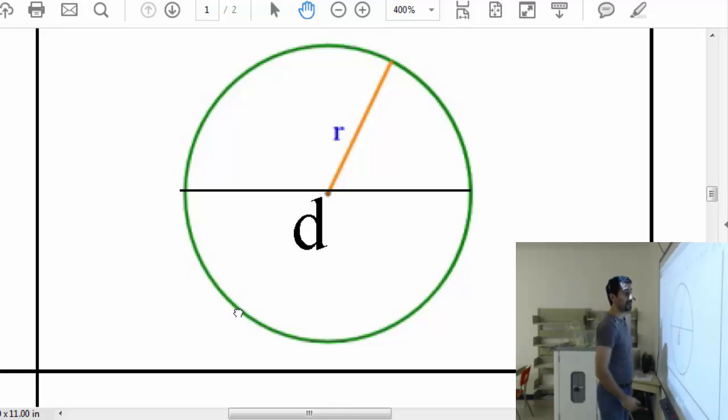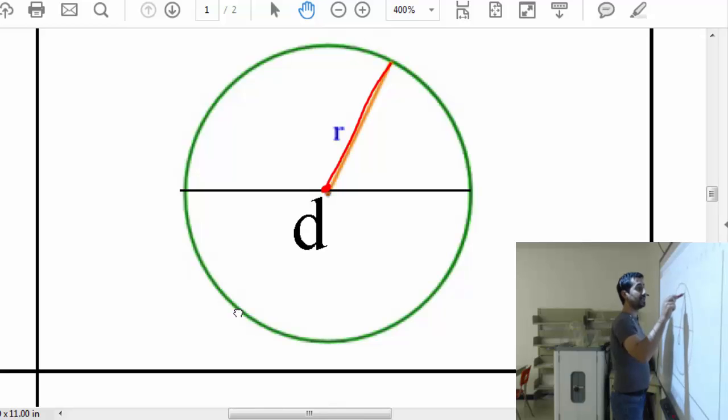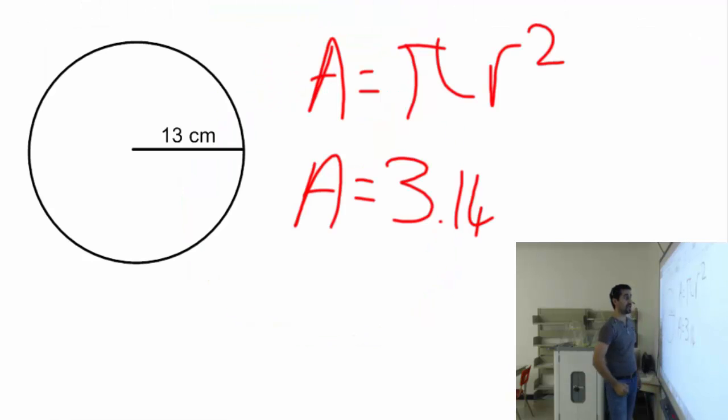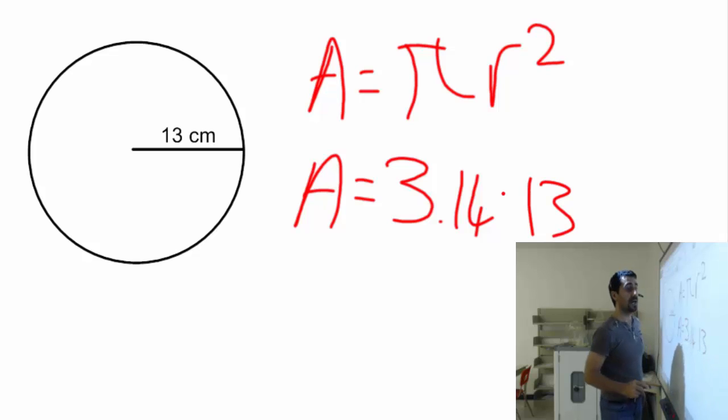And looking at the picture, I know that radius is starting from here, ending there, halfway through. That's the radius. Now I know what the R is standing for. So I'll go back to the question. So this is the radius, halfway from the midpoint, which is 13. So I'm going to write that down, times 13.